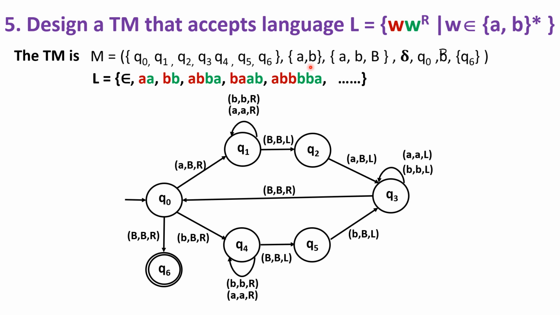Sigma is A, B and tau symbols are A, B and blank. Blank is represented by capital B. So this is the Turing machine designed to accept the language W raised to R, where W belongs to (A or B) whole star.